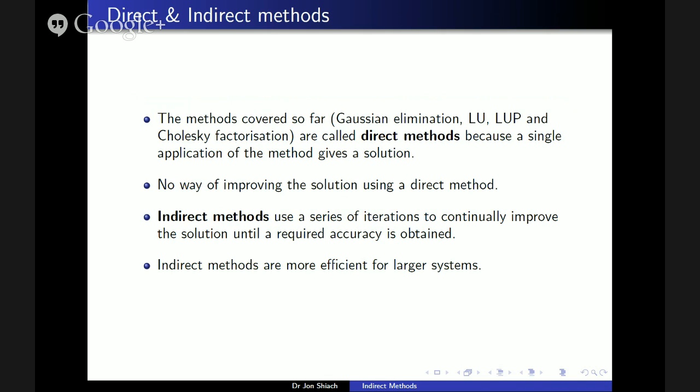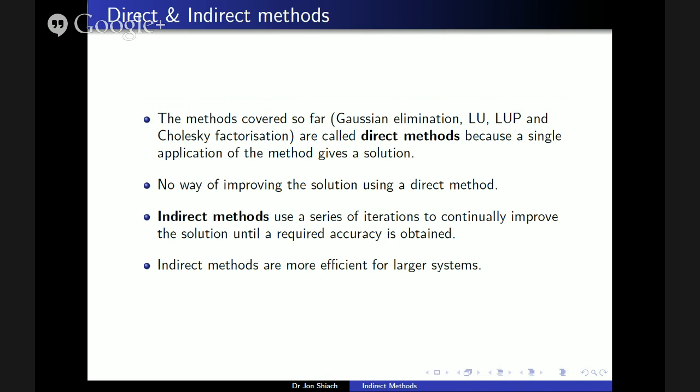Indirect methods use a series of iterations to continually, hopefully, improve the solution until a required accuracy is obtained. So direct methods, you just apply once. Indirect methods, you apply in iterations over and over again until you get your solution.